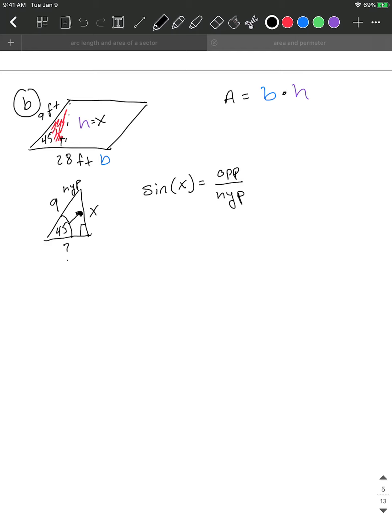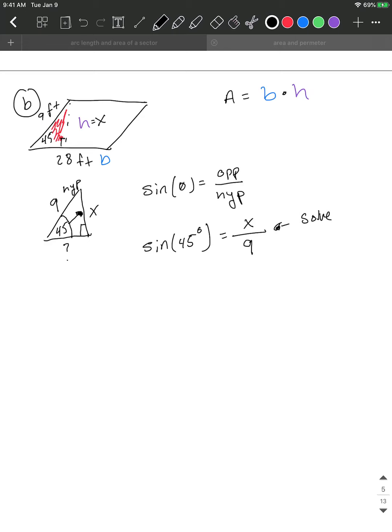So in this case, this is the angle, and we know that this is 45 degrees. I'm going to replace that so I don't get anybody confused. So sine of 45 is equal to, well, we know the missing variable is x, and then we have a 9 here. So we want to solve for x.